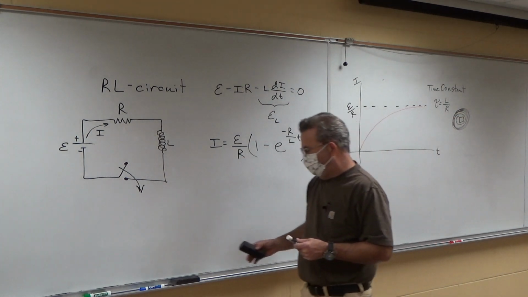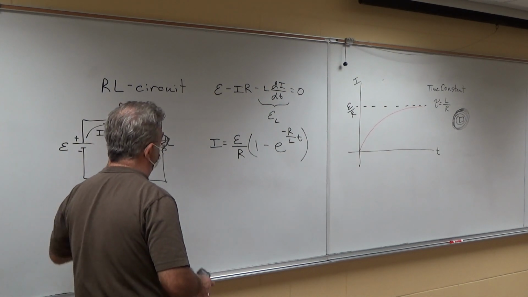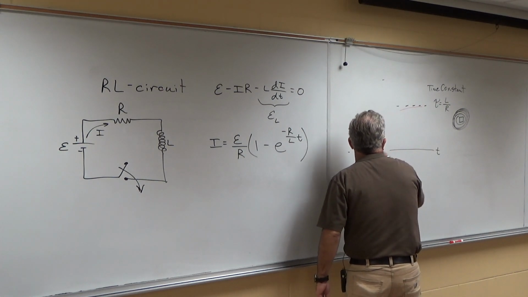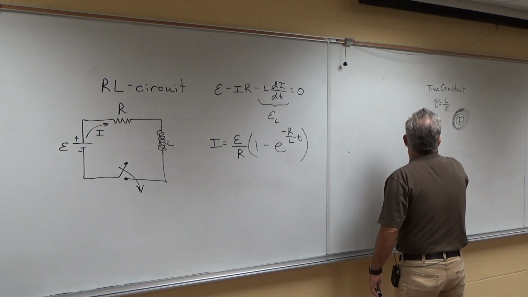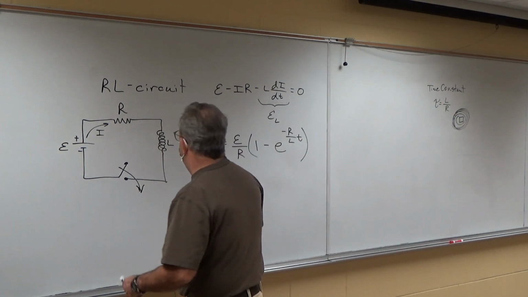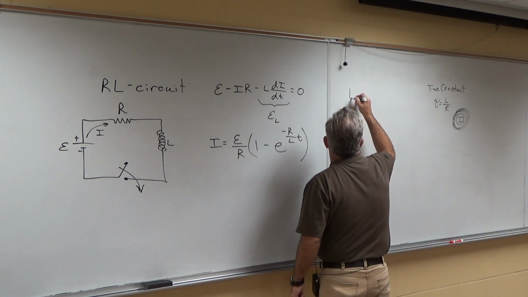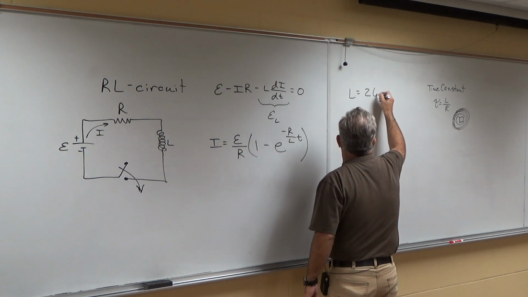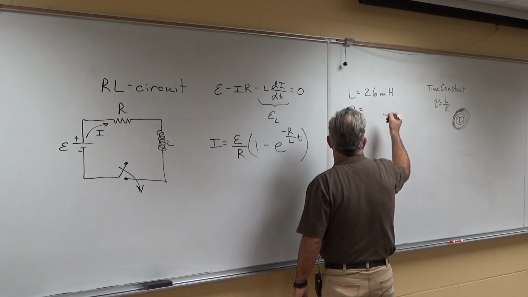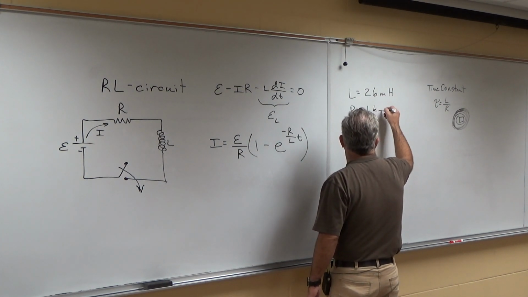So let's look at an example based on this. Let's say that we had our inductor. Let L equal 26 millihenries. Let R equal a kilo ohm, 1 k ohm.